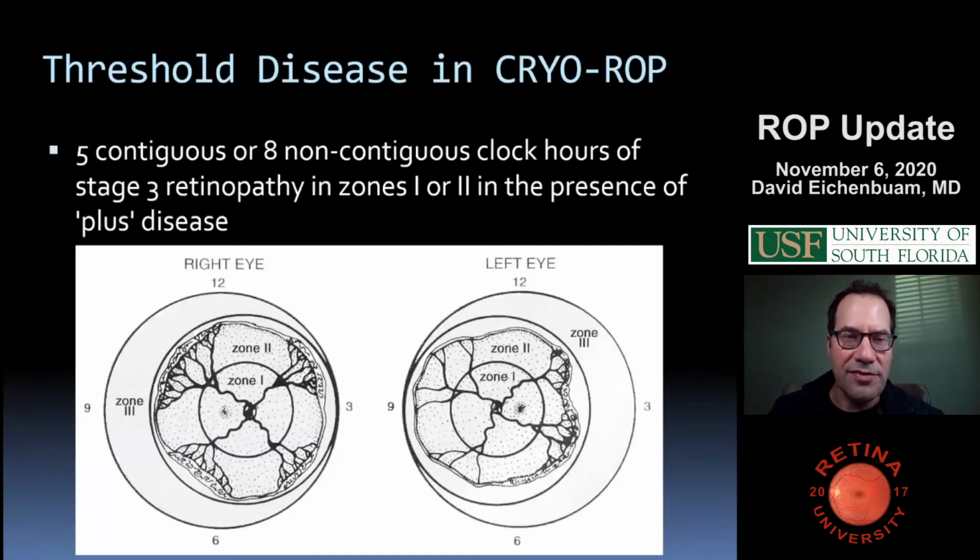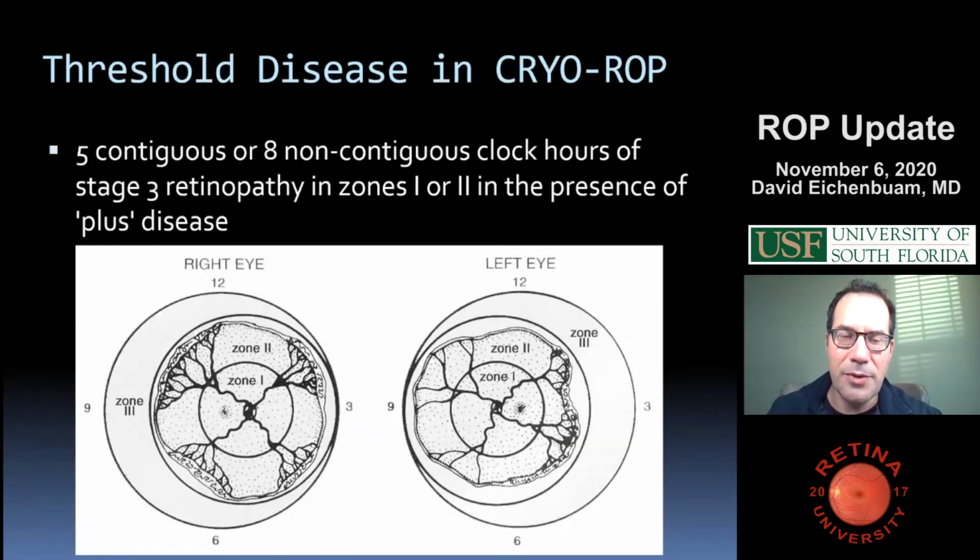Threshold disease was defined in the Cryotherapy trial, and it's extremely important to memorize what this is because this is a guaranteed question on your written boards. Even in the modern era where we use other criteria that I'll get into in addition to threshold disease. Threshold disease, and burn this phrase into your minds, screenshot this, look it up in your books.